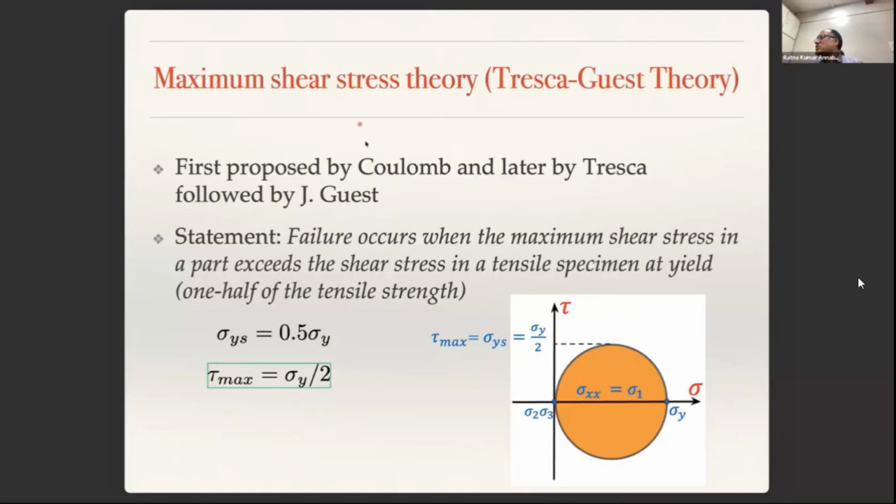This was first proposed by Coulomb, and later improved in its description by Tresca and Guest, and hence the current version that we are using for ductile materials is called Tresca-Guest theory. In the beginning with Coulomb, it was mostly on soils.